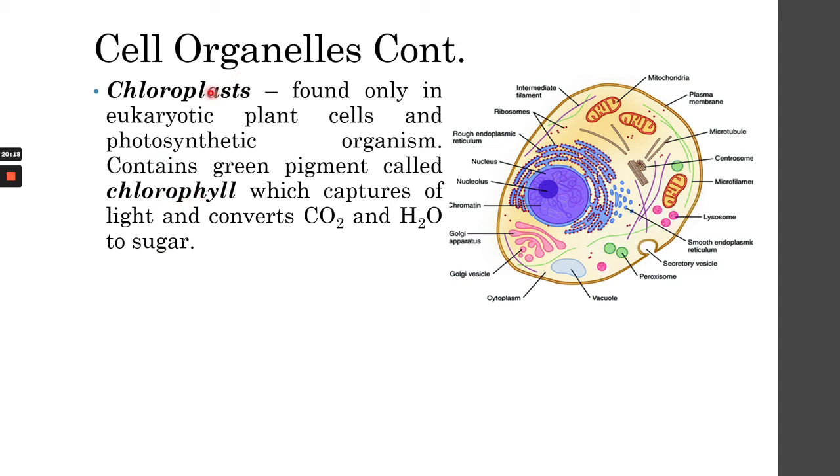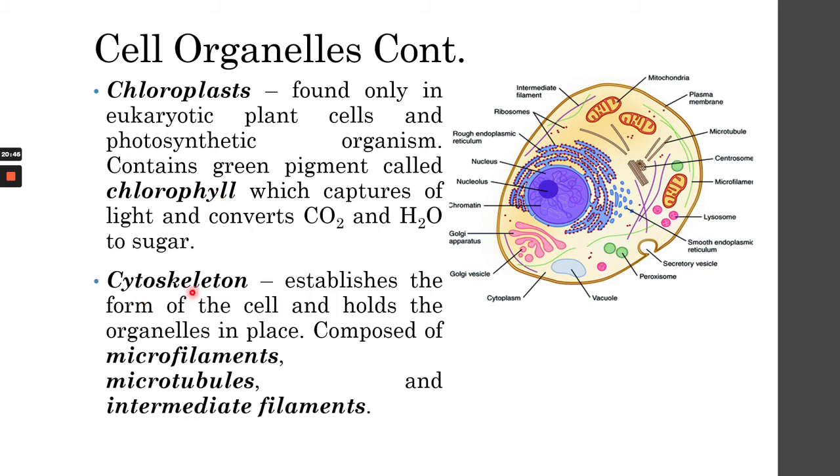So the chloroplast contains the chlorophyll, which captures the light and converts that light into CO2, water, and sugar for the plant's food, or for it to be able to make food like fruits or even flowers, for it to continually grow and develop.